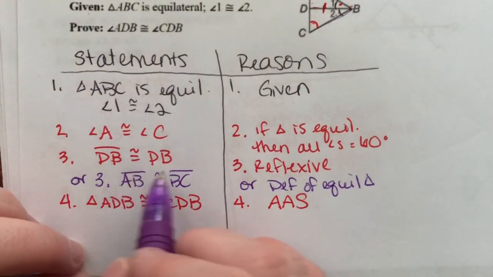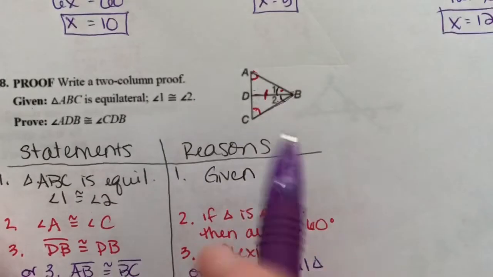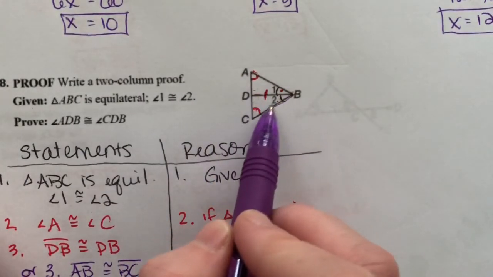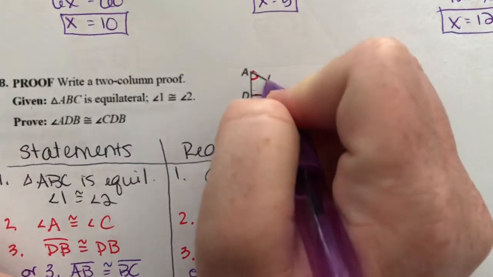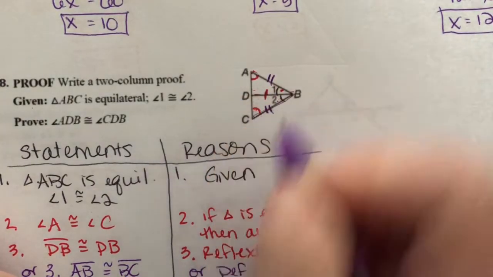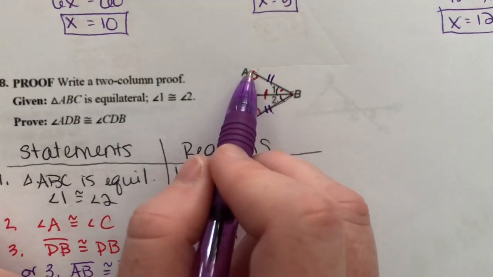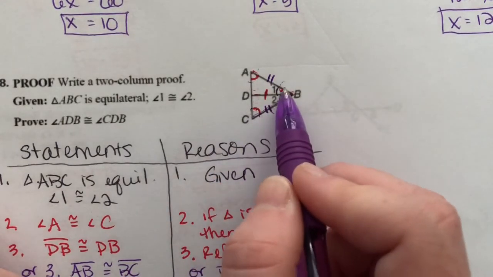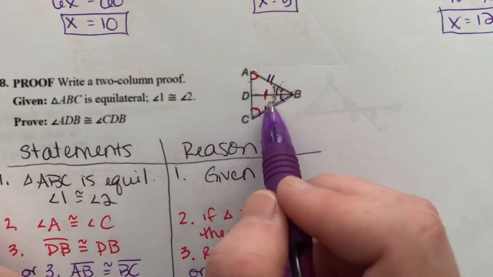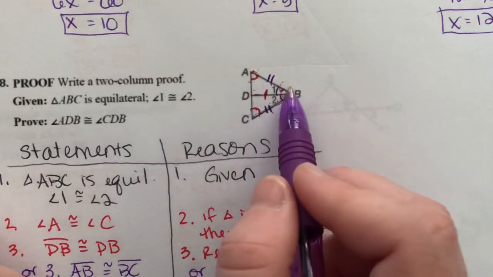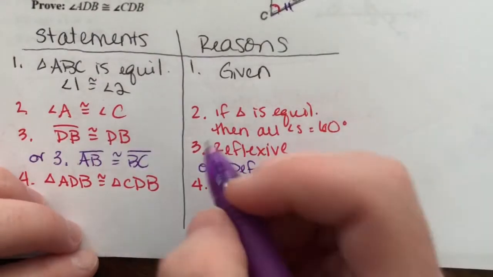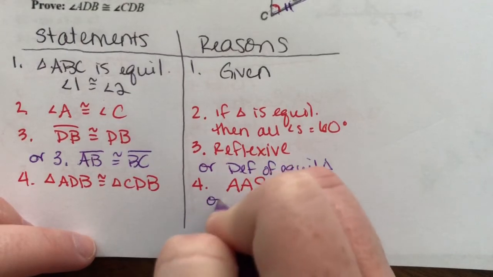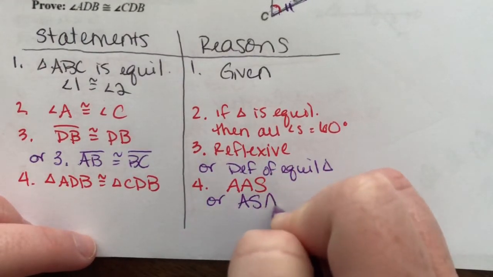Excuse me. If you had used this second line here, if you had said this guy is congruent to this guy, then that would be angle, side, angle, right? This angle, this side, this angle is congruent to this angle, this side, this angle. So then I could say my triangles are congruent because of angle, side, angle.